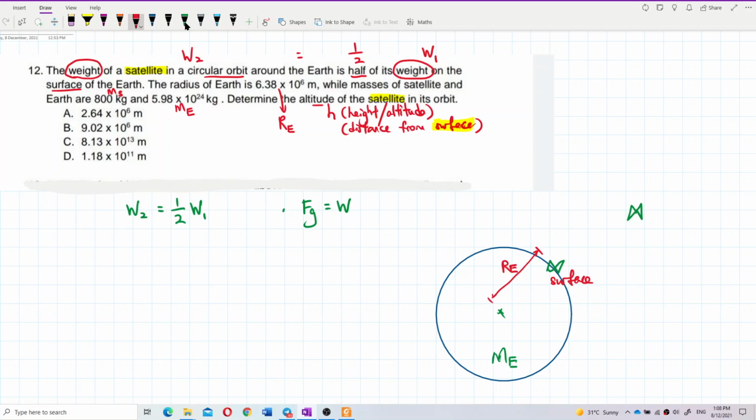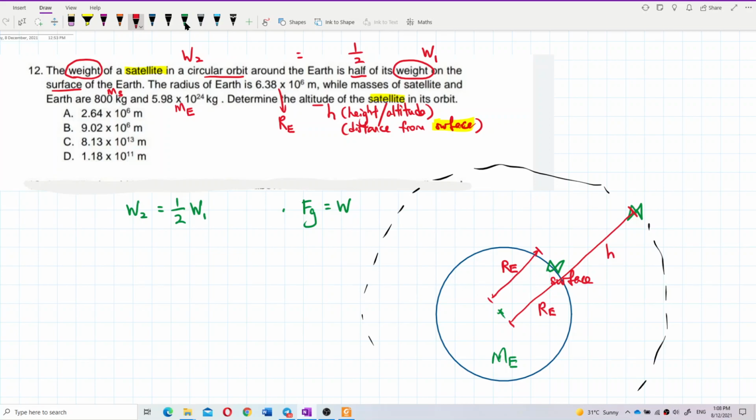Our r is the radius of Earth, but on the circular orbit, it has the orbit, right? If on the circular orbit, what is the r? It is the radius of Earth and h, right or not?